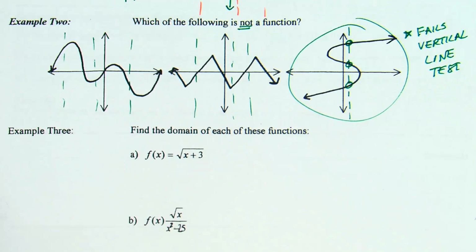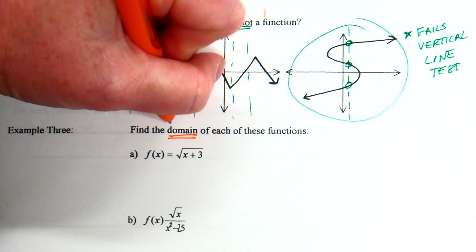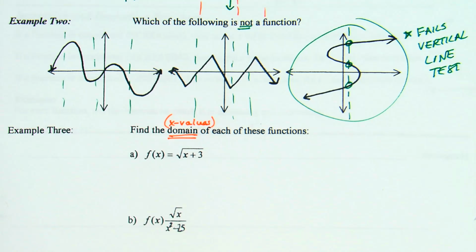Example 3 is where we get to start talking about domain. And it says find the domain of each of these functions. What do I mean domain? Domain are what kind of values? X values. We want to know for what type of X values do these graphs exist.